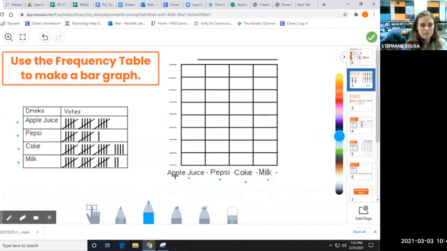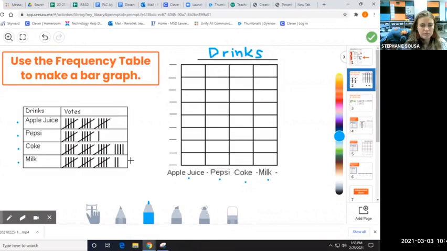I label my categories just like my frequency table. My next job is to record the title. I know that the data is all about drinks, so I can fill in a title that represents the data correctly.